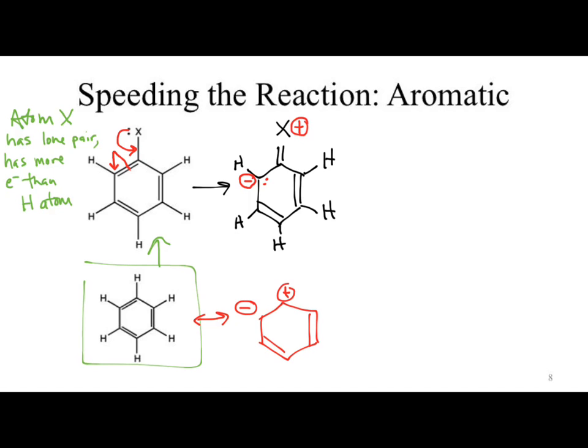Okay, yeah, we've got a negative, but we also put a positive charge on the ring, so that kind of cancels itself out. If we look at our top case, we've put a negative charge on the ring and no positive charge in the ring. So what does that mean about the reactivity of our ring now? It's more reactive, it's more nucleophilic because I've put electron density on an individual atom.